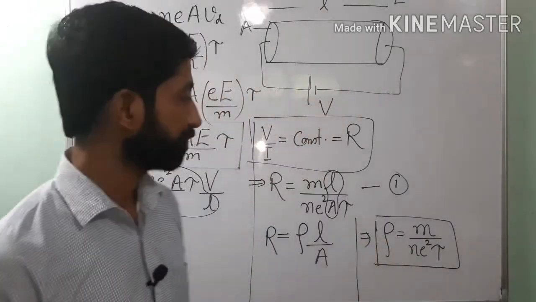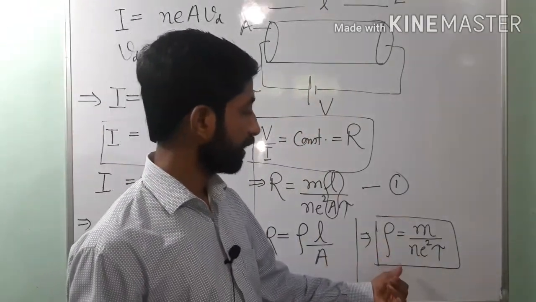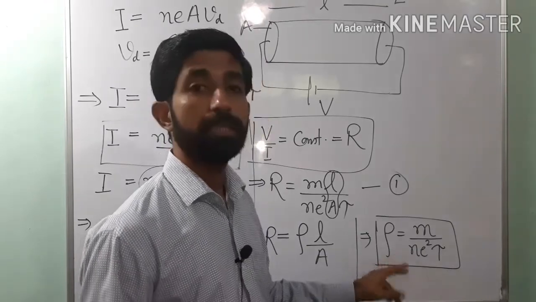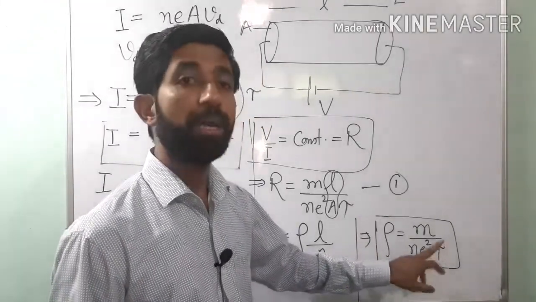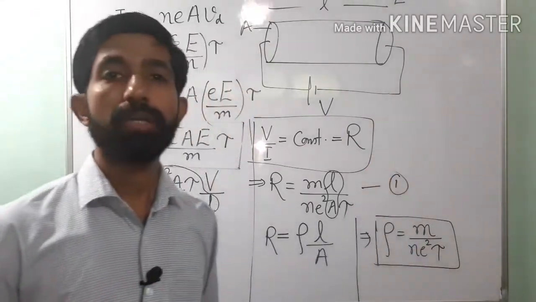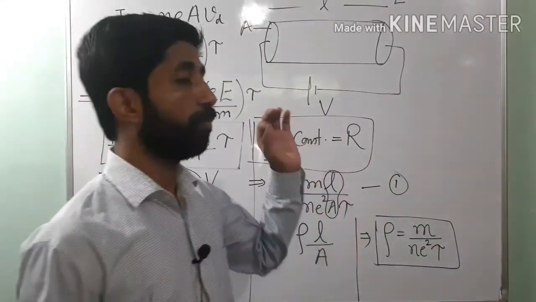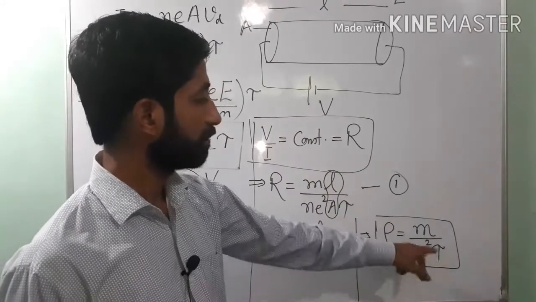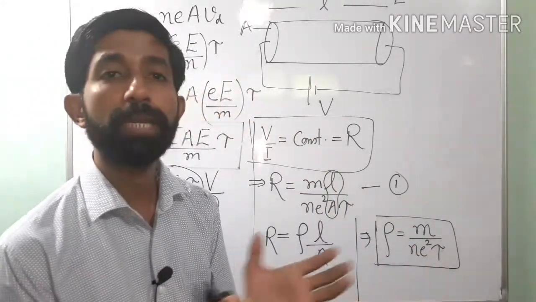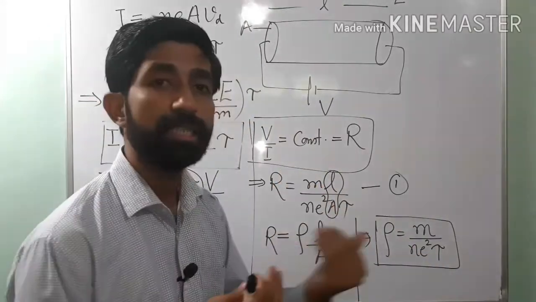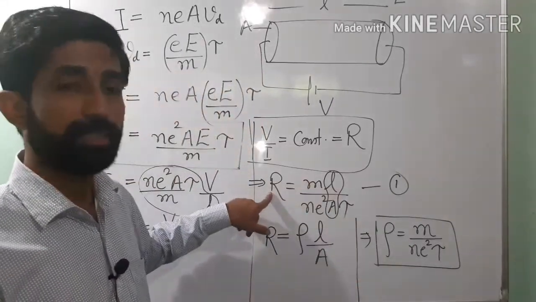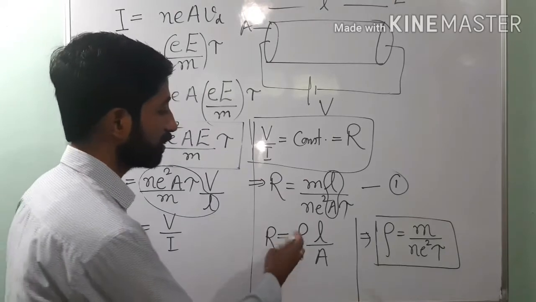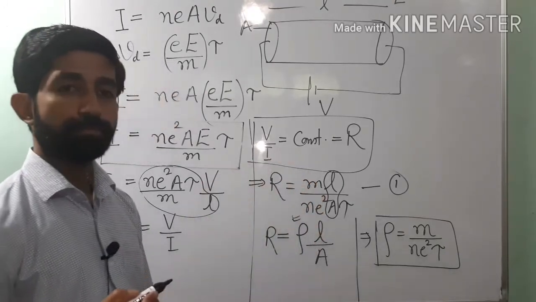So guys, this is a very important relation. Note it down. Further, we shall discuss how n and relaxation time affect the resistivity, that is, on what factors relaxation time is going to play a vital role to change the conductivity or resistivity, and then further the resistance, because R depends directly on the resistivity.